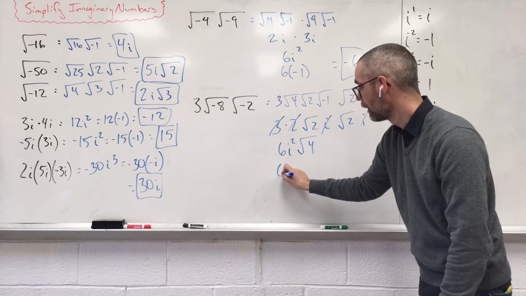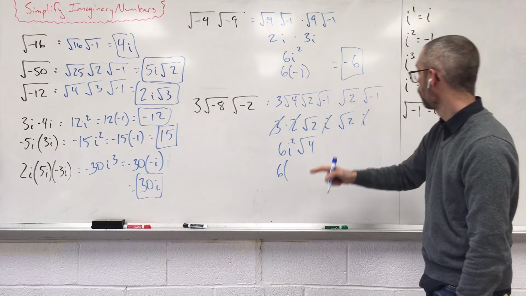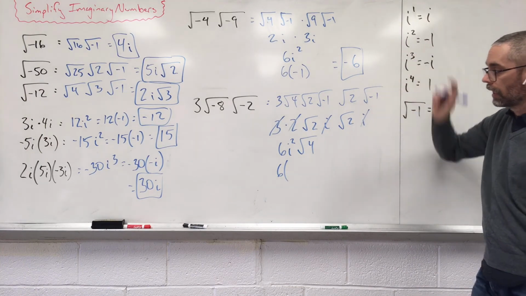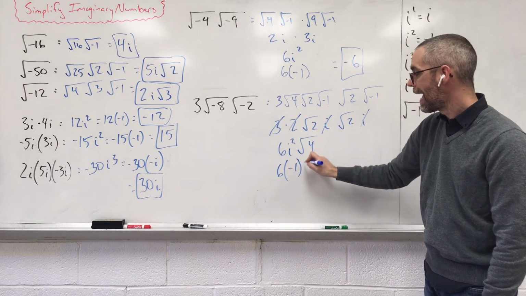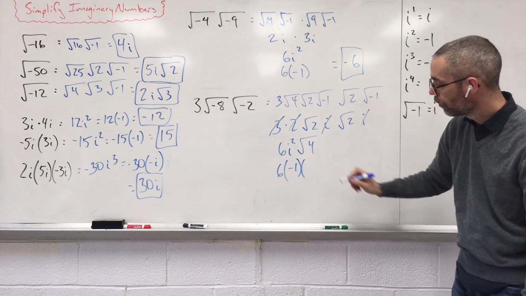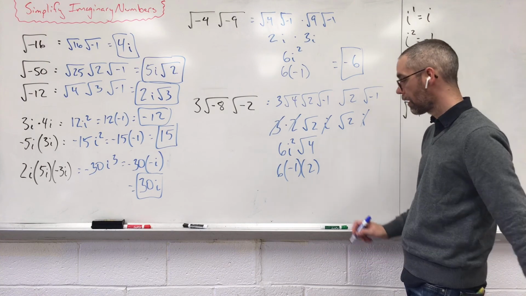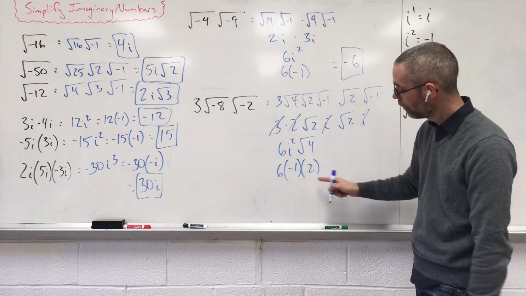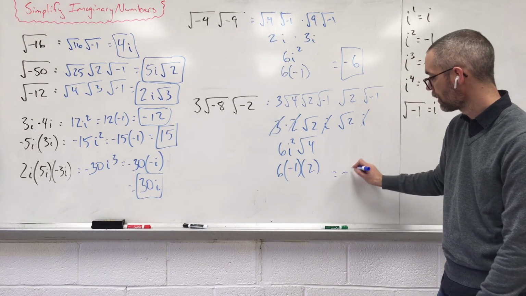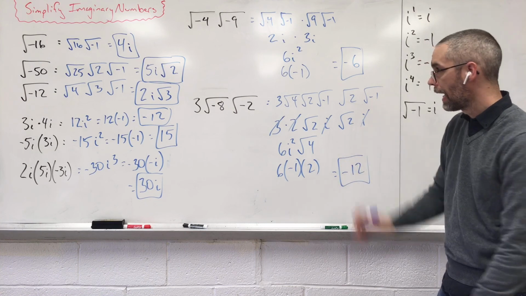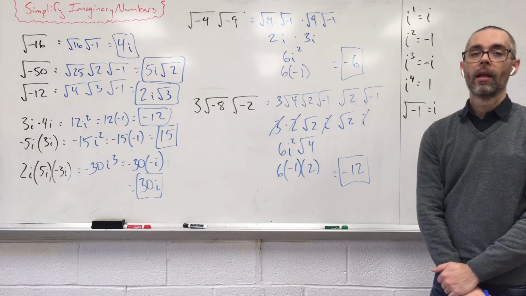So once again, 6, i squared turns to negative 1, and the square root of 4 becomes 2. So one more time, putting them together: 6 times 2 is 12 times the negative, giving us negative 12. And that is simplifying imaginary numbers.